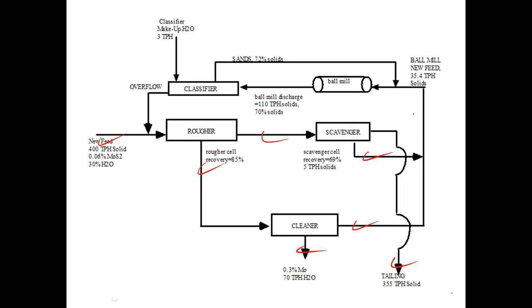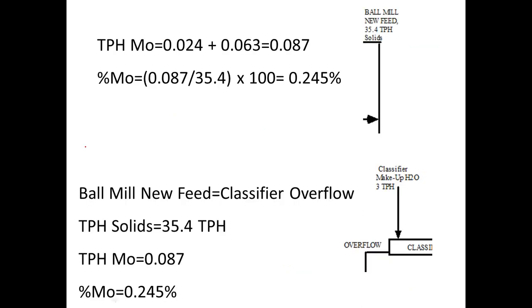So we're really left with a little bit to do here, getting the grade in that ball mill new feed, which is a combination of the cleaner tail and the scavenger concentrate. So let's go ahead and do that. Divided into two parts. First, looking at this combined stream, we know that there's 35.4 total.